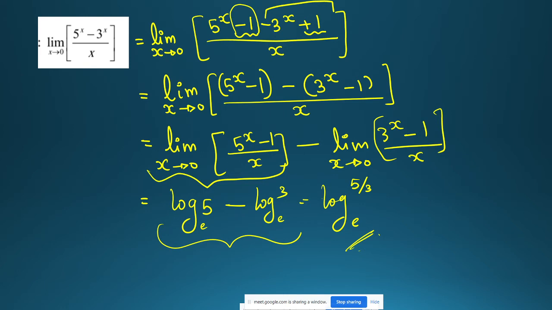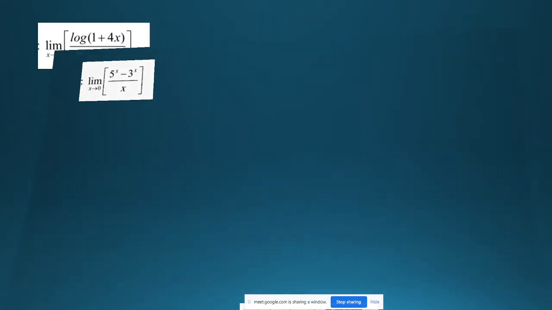Did everyone understand each step? If you have any doubt, you can write in the chat box. Is it okay, everyone? Yes. Okay. Great. Let's go further with some other examples.